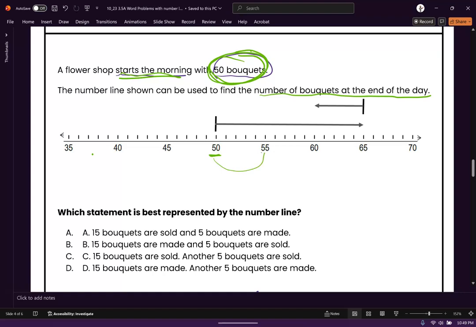So each space is 5, with a total of 15. So they started with 50. Throughout the day, they made 15 more. Why is it more? Because the number is getting larger and moving towards a larger number.